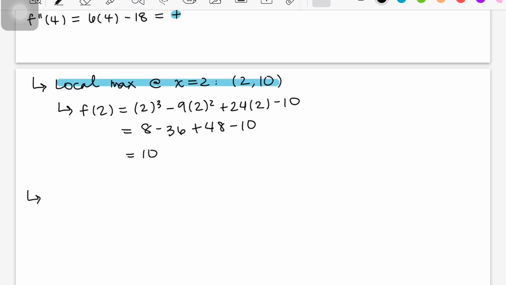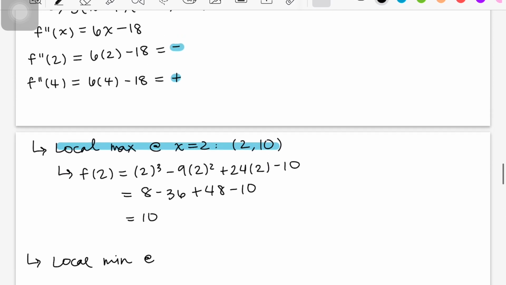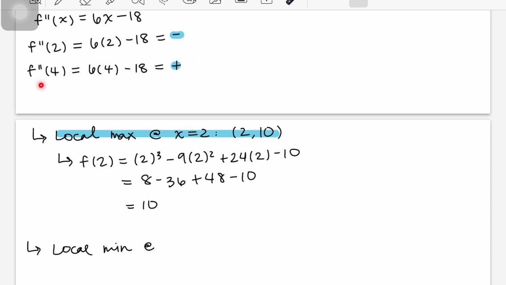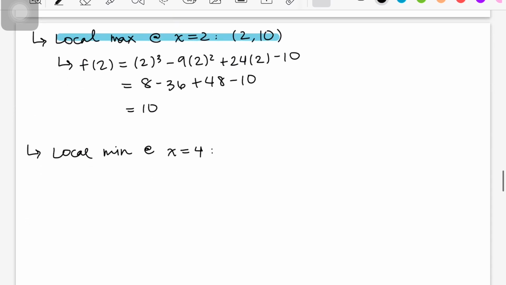And then doing the same thing to find our local minimum. We know a local minimum is going to occur at this point using our second derivative test, since our second derivative is greater than 0 there. And then we'll find that point by plugging it into our function.